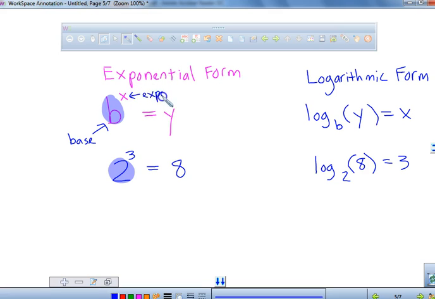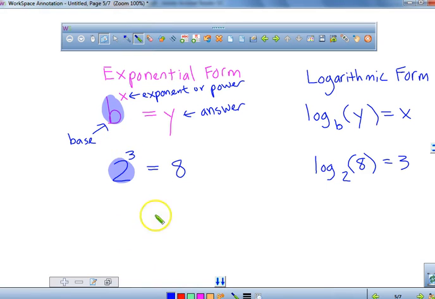X right here represents what's called your exponent, or you could call it the power. And for y, we'll just say, hey, this is your answer. This is what it evaluates to. Okay? So right now, I've highlighted the b value, which is the base, in blue.